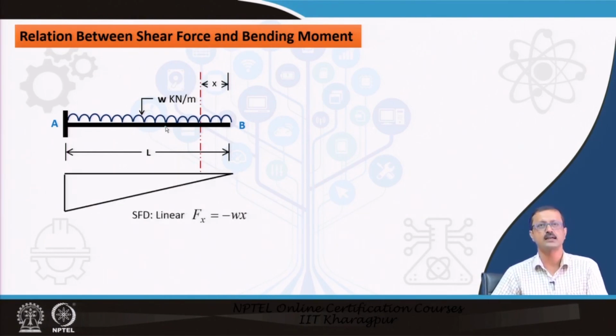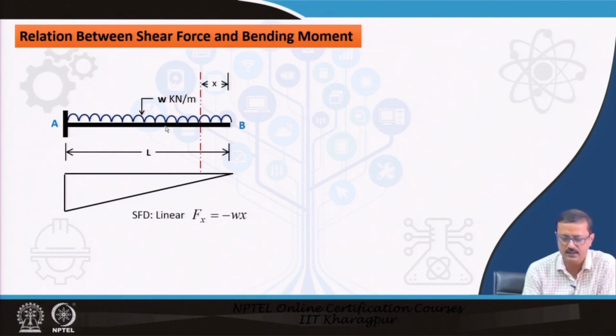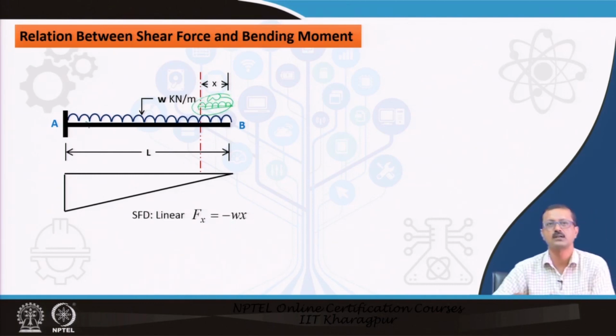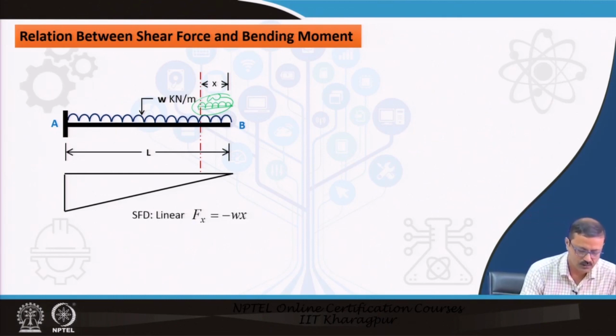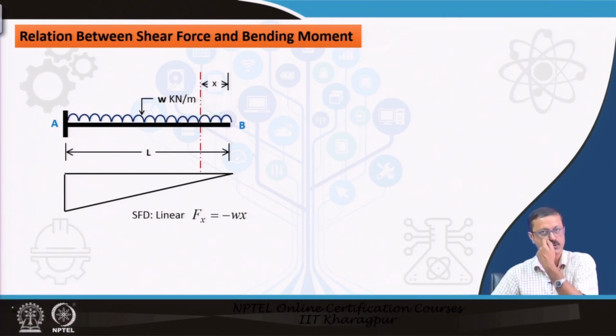Shear force is linear, as you all know: F equals minus W into x, because at this point the total load is W into x. As the distance x increases, the load gradually increases. So it is a linear diagram of the shear force.